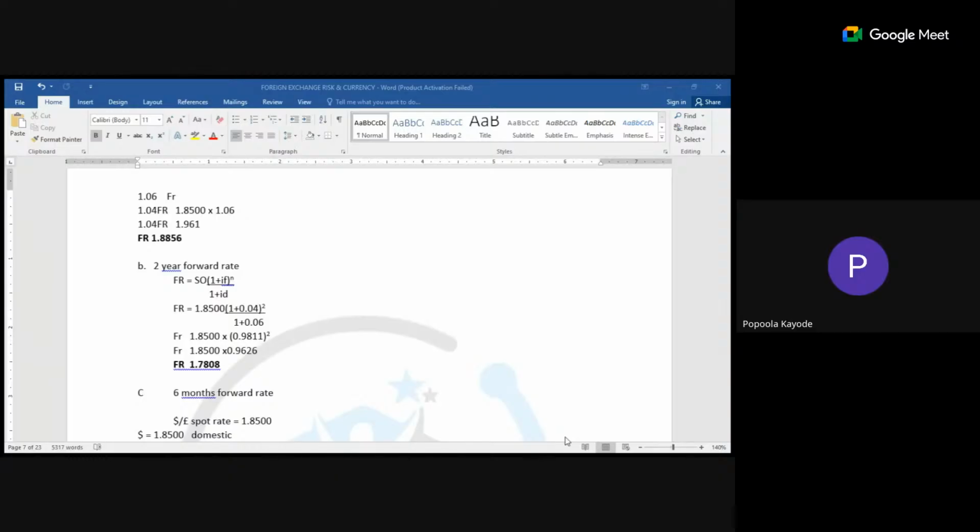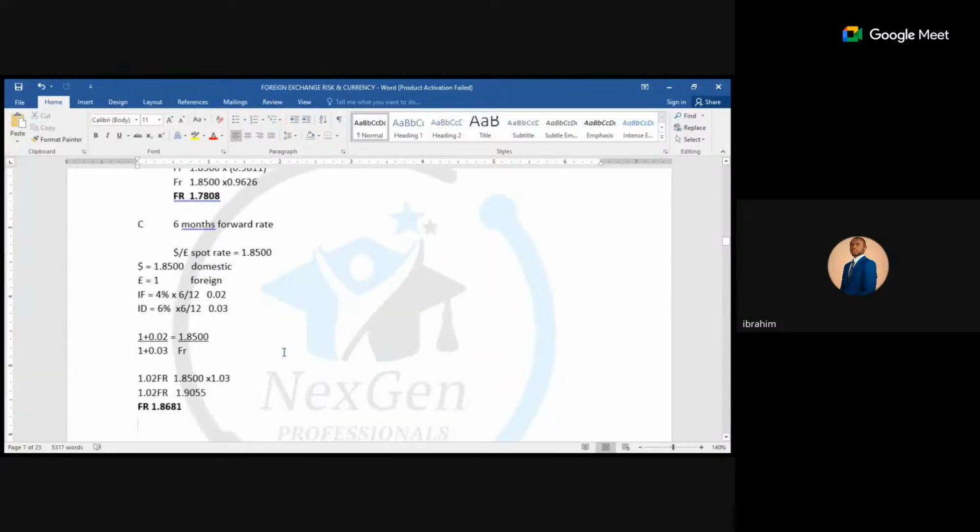So which means that if you are using direct, the ID is supposed to be the same. Okay, thank you. So if this is 6 months, we have this.